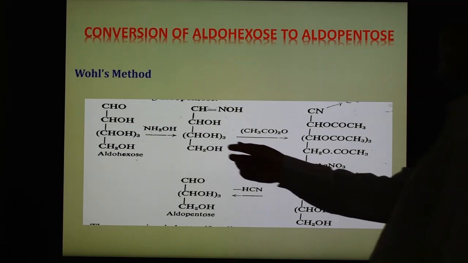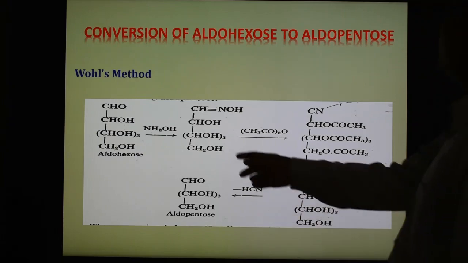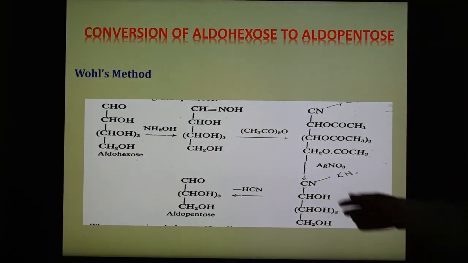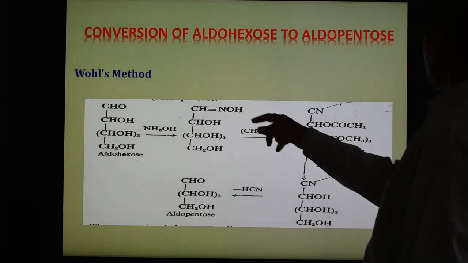Here NH2OH, hydroxylamine, is added, and we get this type of compound, CH=NOH, and after that, reaction with acetic anhydride attaches the acetyl groups.